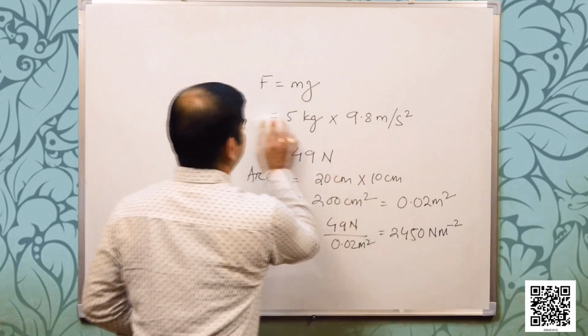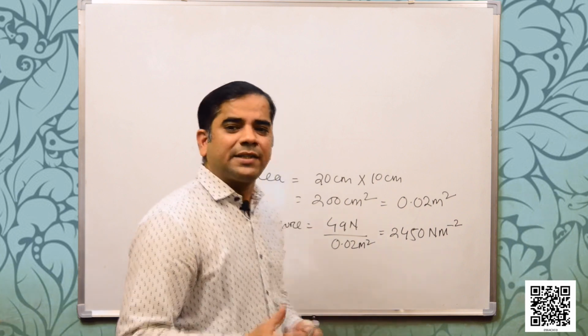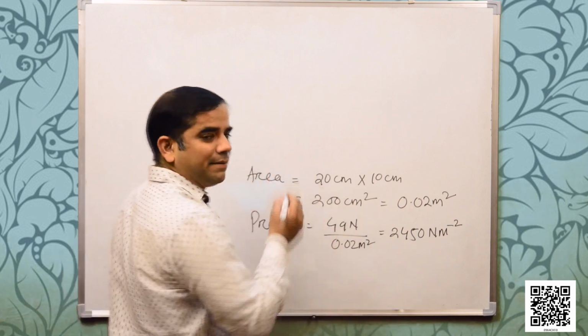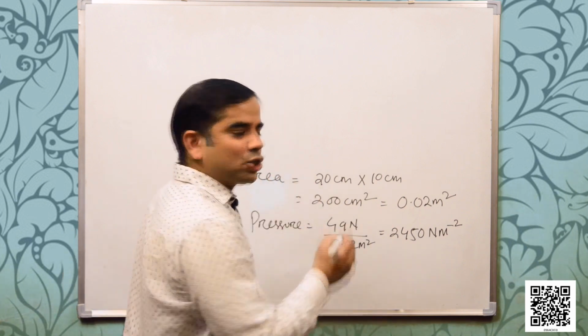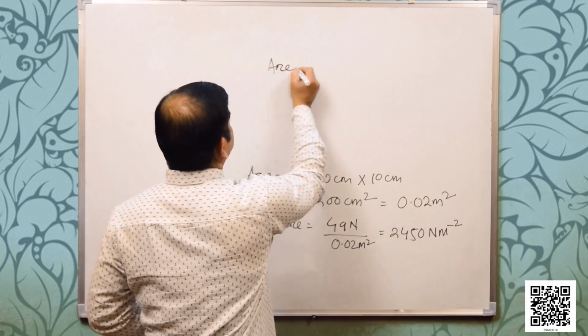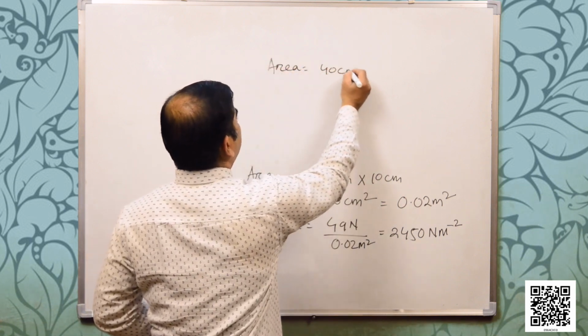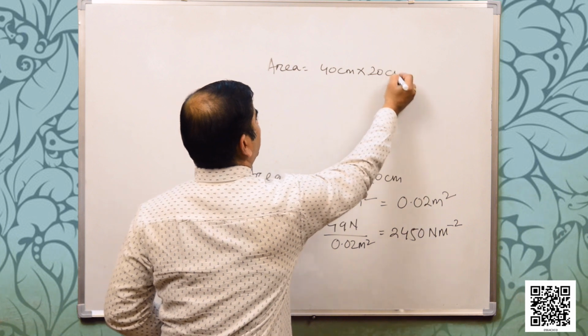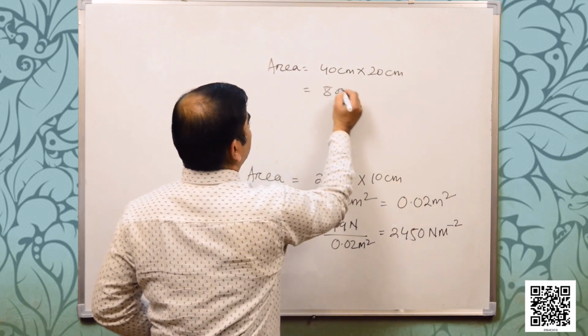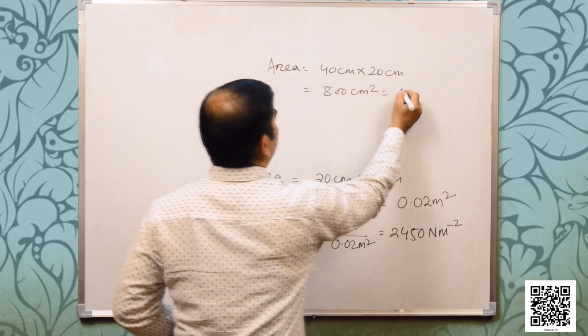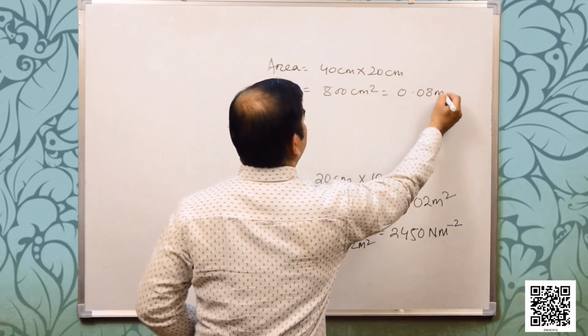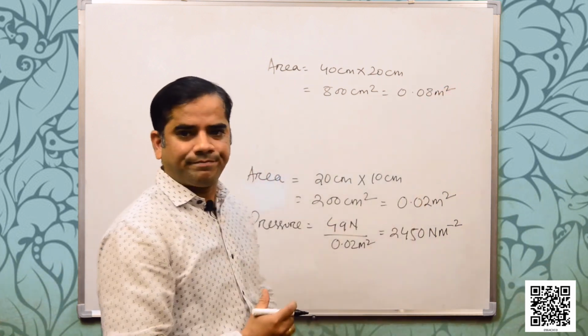Okay. The other side has dimension 40 centimeter into 20 centimeter. So, area is equal to 40 centimeter into 20 centimeter, that is 800 centimeter square or 0.08 meter square.